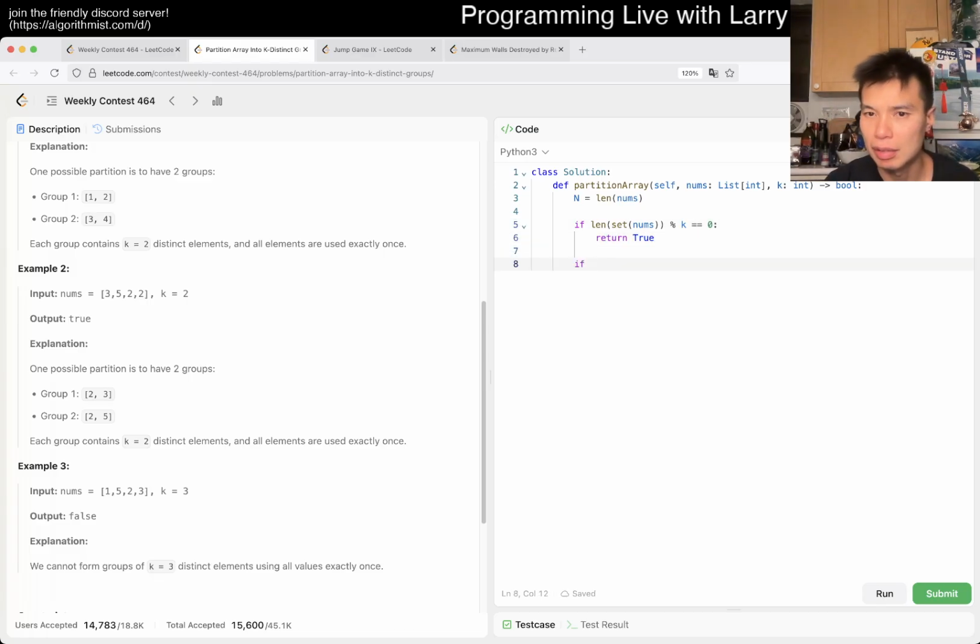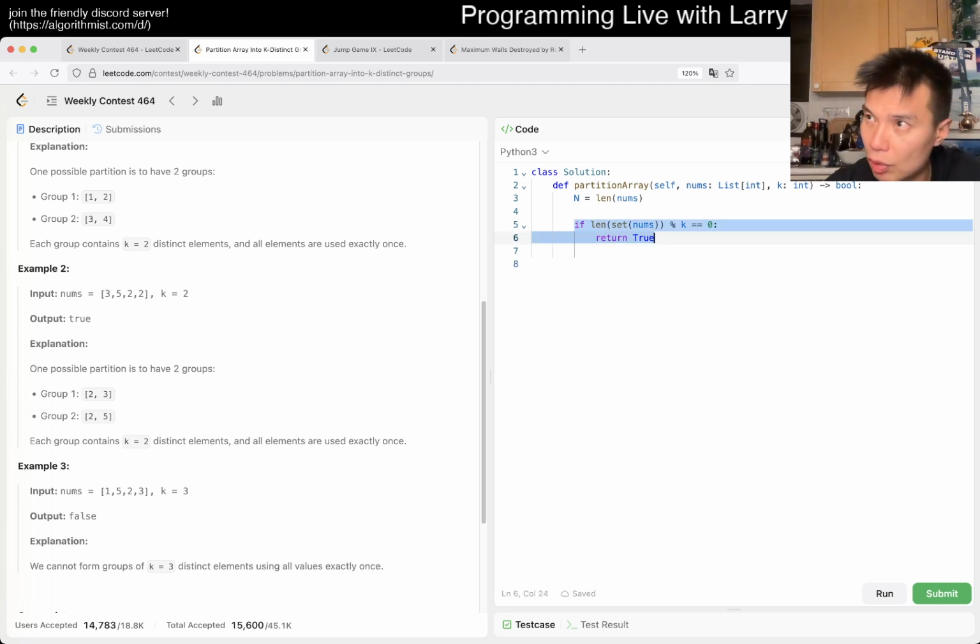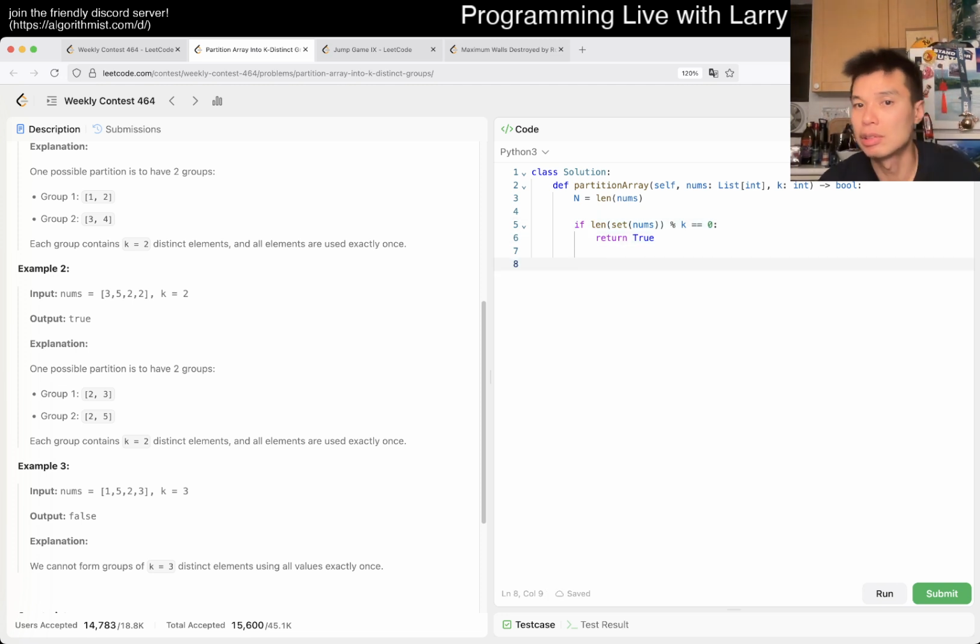If n mod k is equal to 0, I guess that's not technically true because they could all have the same number, for example. But this will be true. So now, I don't know. What makes it false then?